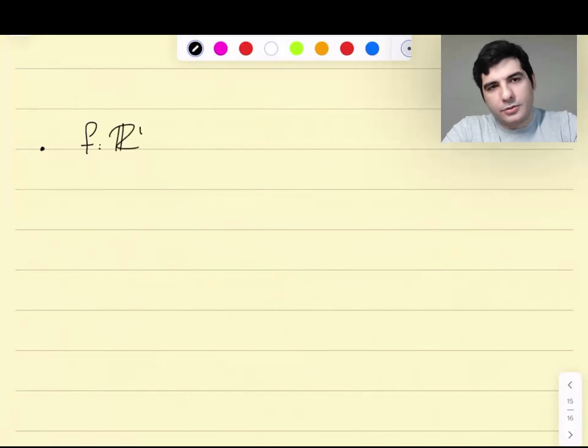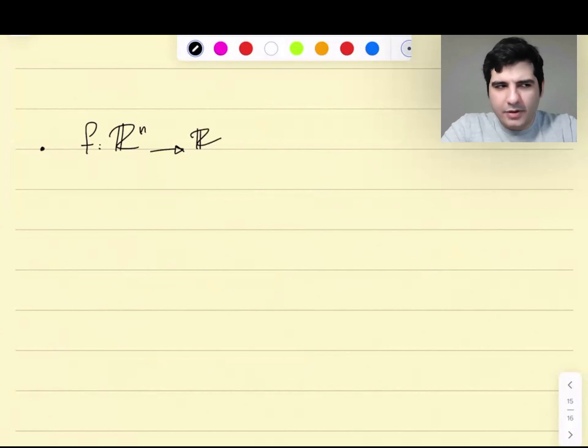Right. So now, going back again to the real case, if you had a function f from, say, Rn to R, it doesn't have to be a linear function, any differentiable function, there is a notion of the exterior derivative of f.